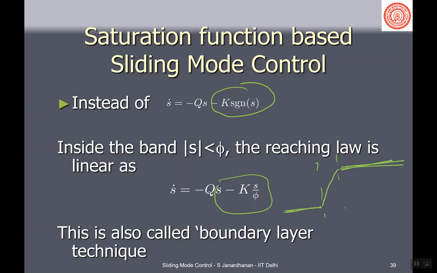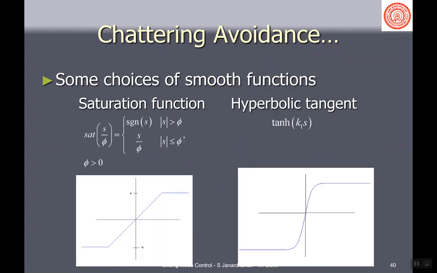This is called the boundary layer technique, and you have not just the saturation function, you have more choices that approximate this with something smooth, either the saturation or the hyperbolic, or there may be other choices also. So it looks like the problem is solved, but really the problem is not solved.